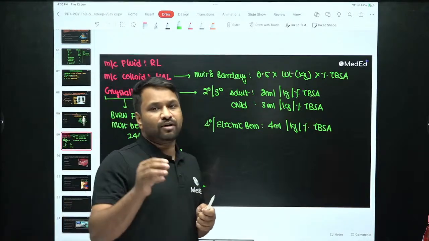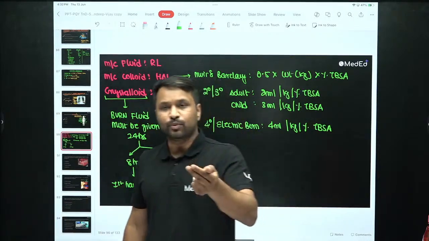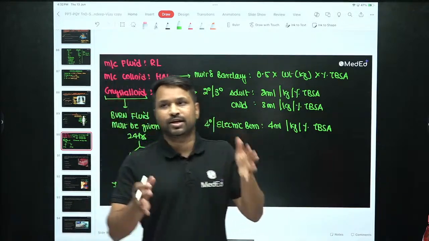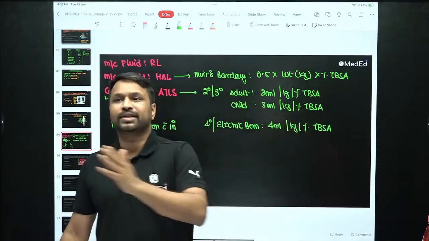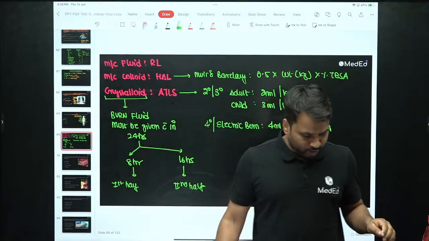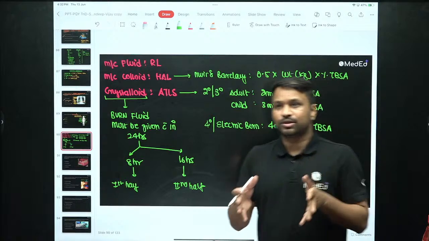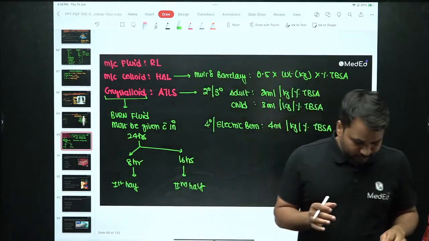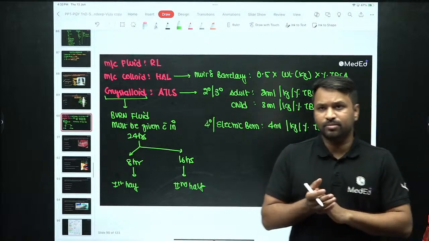In the first 12 hours, I will give every 4th hourly. In the second 12 hours, I will give every 6th hourly. And thereafter, every 12th hourly has to be administered, and the protocol follows thereafter. Right. So, very good, guys. Muir and Barclay is what you're going to look across here. Right. So, this is with respect to the fluids or burn fluid management that you need to know.